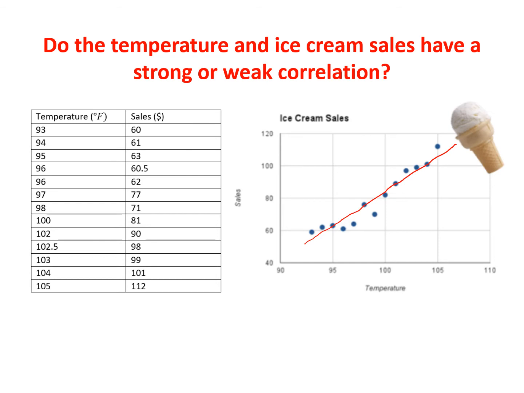And so as a review from last week, we would say that there is a strong correlation. Again, if the dots were not close to that line of best fit, that's when we would have a weak correlation.